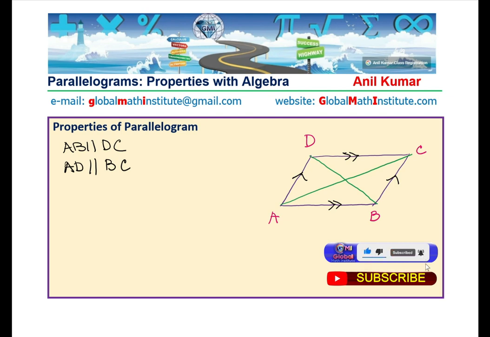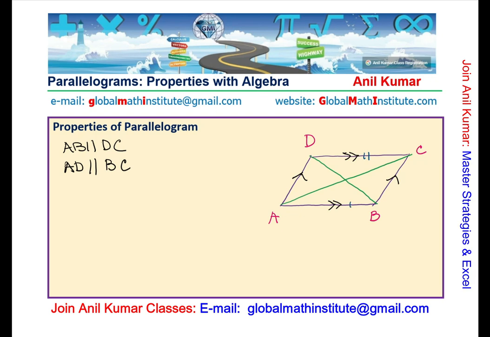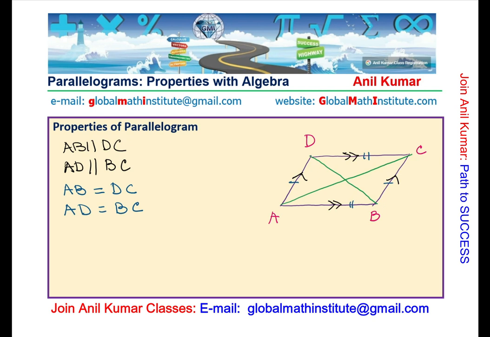Now, even the opposite sides are equal. So what I'm trying to say is that DC and AB are equal. So we can write AB equals DC. And the sides AD and BC are also equal. So AD equals BC. Can you tell me some more properties of this parallelogram?